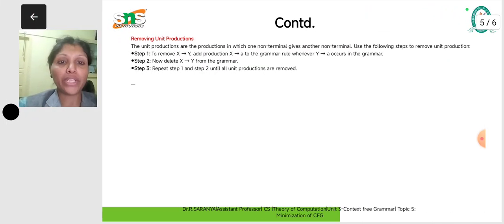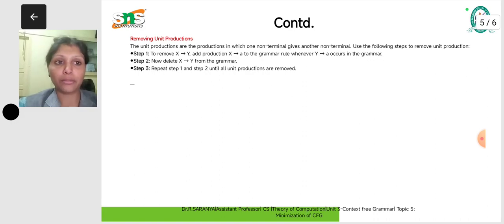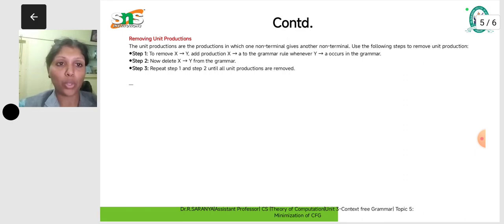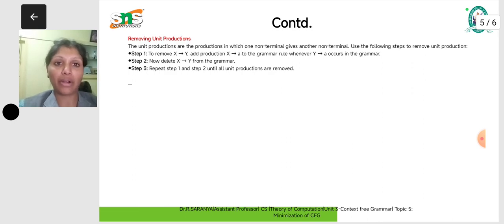Next, removing the unit production. The unit productions are the productions in which one non-terminal gives another non-terminal symbol. We implement this by the following steps. First, if a non-terminal gives another non-terminal, we add the productions X that gives terminal symbol A to the grammar rule, whenever the non-terminal gives the terminal in the grammar.